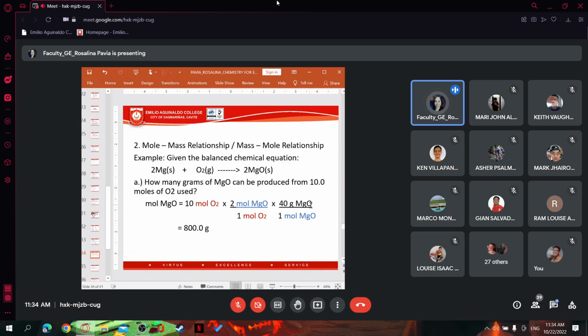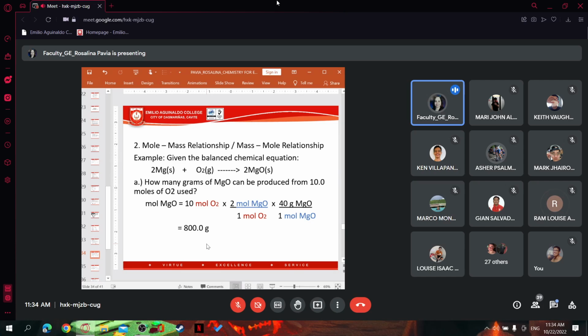Plus 16 for oxygen. It should be 40.3 here, but it was rounded off. But in your actual exam and quiz, write it up to 2 decimal places, okay? Do not just round off. Take the 2 decimal places. Is that understood? Understood po, ma'am.